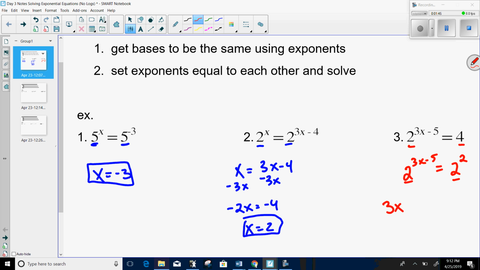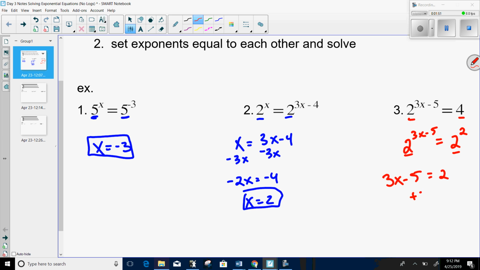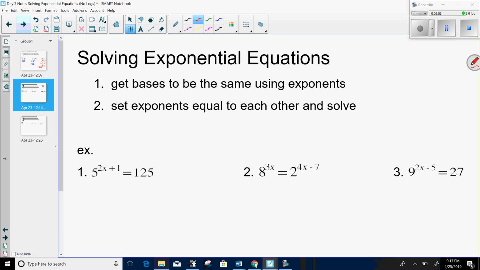That means the exponent of 3x minus 5 has to equal 2. Now I solve that equation for x, add the 5 to the other side. 3x equals 7. Divide both sides by 3, and you get x equals 7 over 3, and that is my final answer. Okay, let's go to the next slide here.